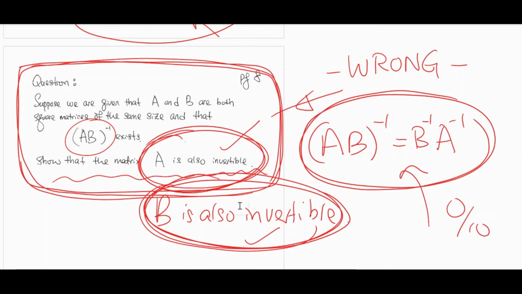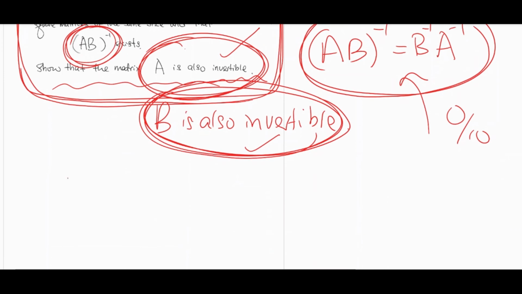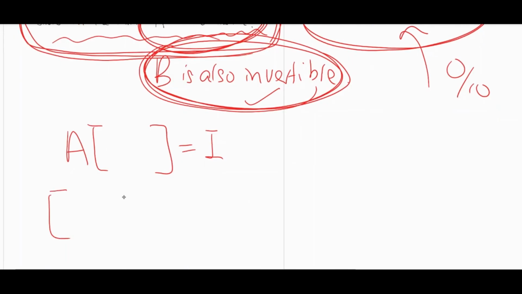So how do you actually solve a problem like this then? We know that AB is invertible, and your job is to show that the individual matrix A and the individual matrix B are also invertible. To do that, we'll have to find something that multiplies A and equals I, and we'll have to find something that A multiplies and equals I. If you can do that, just by definition, we will say A is invertible.